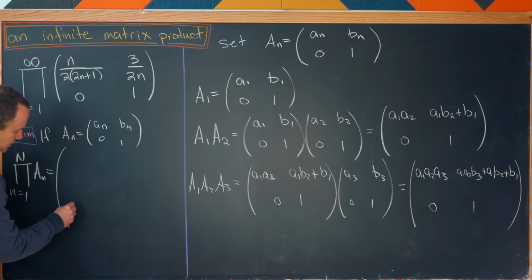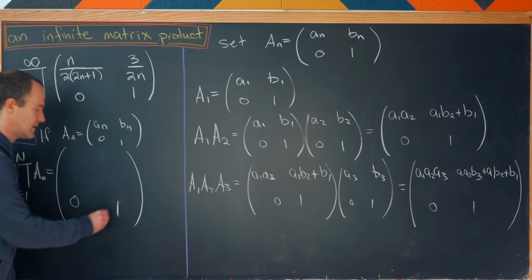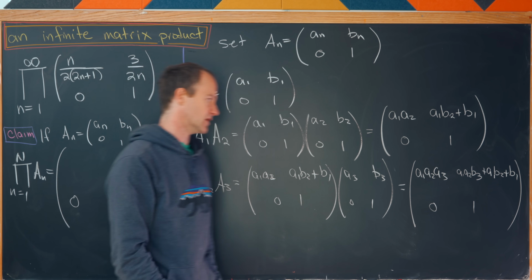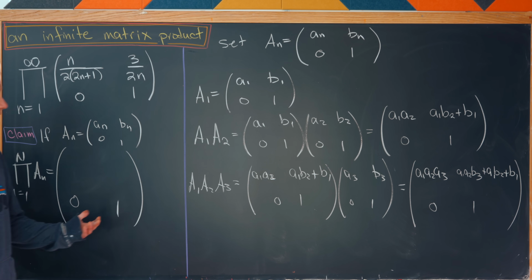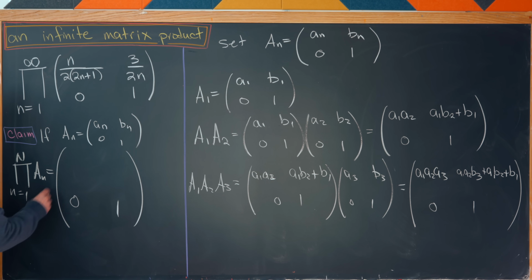The lower row is pretty clearly just going to stay 0 and 1. The upper left term is going to be the partial product of the lowercase a terms, the product as n goes from 1 to capital N of the numbers a_n.